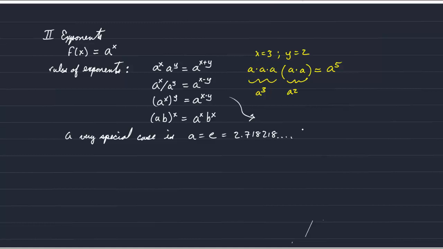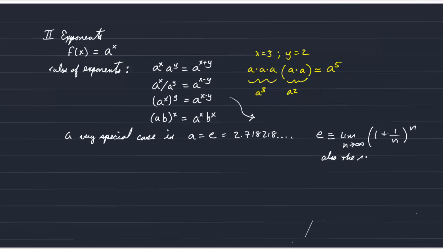And this number is, well, it's about as special as the number pi. It's so widely used, and it appears in so many equations. And e is defined as the limit as n goes to infinity of 1 plus 1 over n raised to the n power.